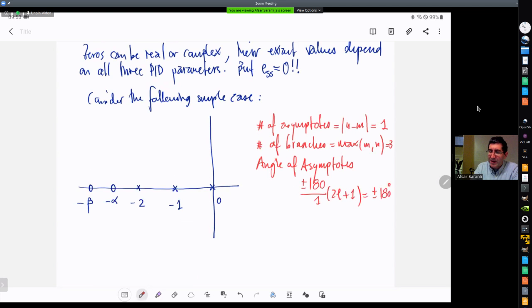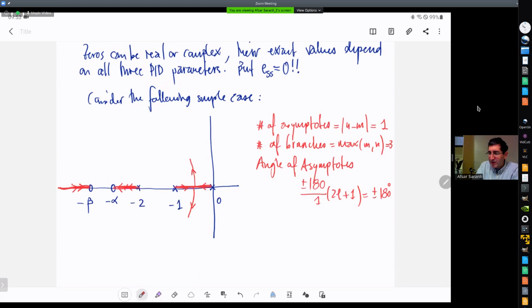So we only have one asymptote that is on the left real axis. Okay, so this region is part of the root locus, and I know that I need to start from the open loop pole and need to end up at the open loop 0. So clearly one of the branches is squeezed here, and the other branch is on the asymptote and needs to end at the 0, and we need to have a branch breakaway point here.